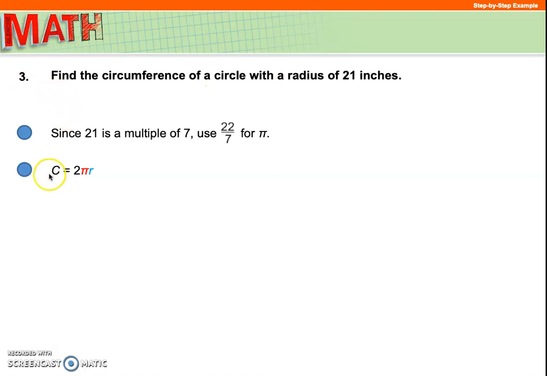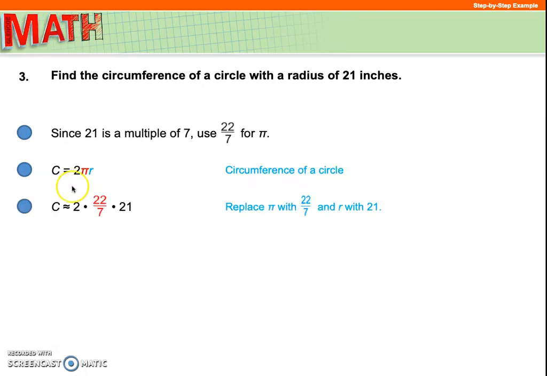So we have the formula: circumference is equal to 2 pi times the radius. And now what we're going to do is start filling in what we already know. We know it's 2, and we know that we're going to use 22 sevenths for pi, and we know that the radius is 21.